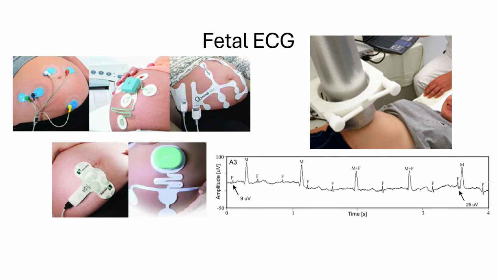Now, there are methods to directly evaluate the fetal heart rhythm using fetal ECG or magnetocardiography, shown here on the right. This is fetal ECG, where you place these electrodes on the maternal abdomen, and then a very specialized ECG system can pull out this kind of signal, where you have the maternal heart rhythm and also the fetal heart rhythm superimposed on this tracing.